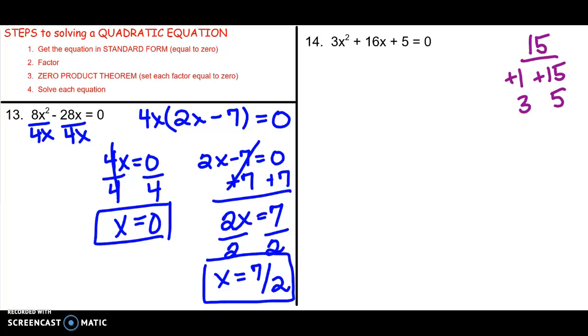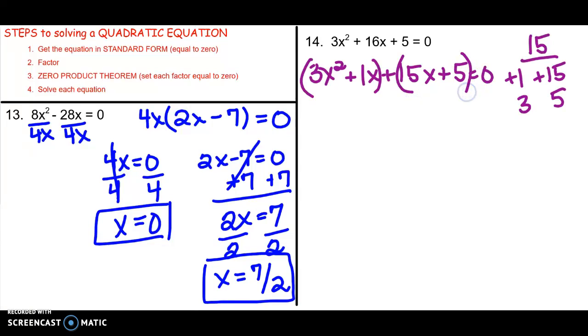So remember, we split the middle term. So now we have 3x squared plus 1x plus 15x plus 5 equal to 0. So now we have 4 terms, and we're going to start using grouping. So I'm grouping.